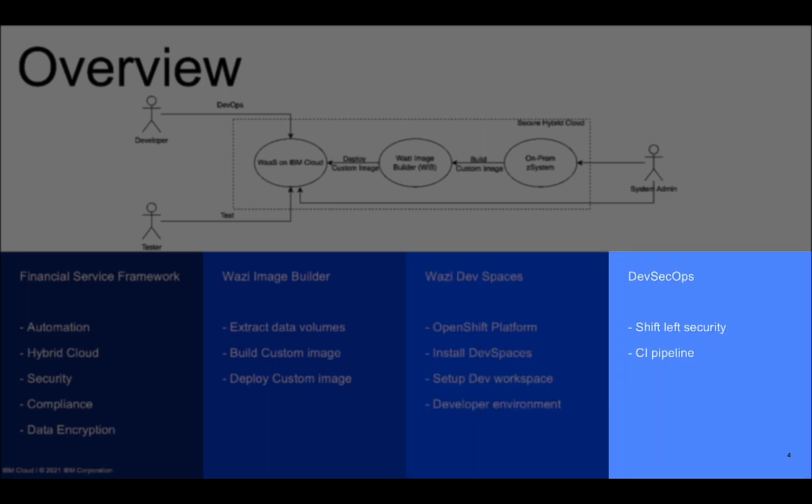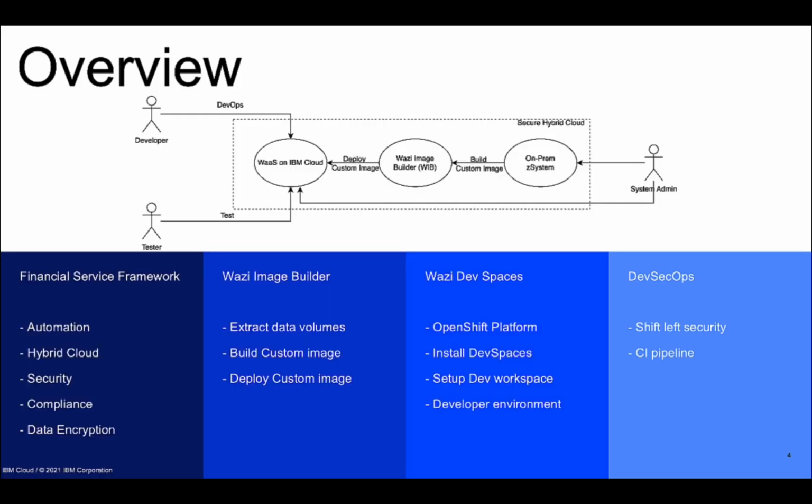Finally, we run CI pipeline on mainframe applications to build and deploy on WASI instance for testing. This DevSecOps pattern is designed to build development and test environment at scale with rapid development and improve productivity by accelerating release cycles.